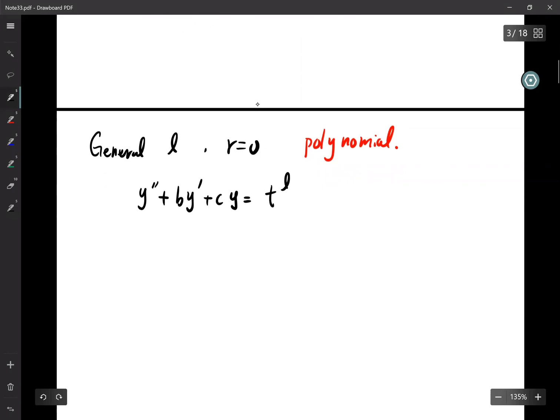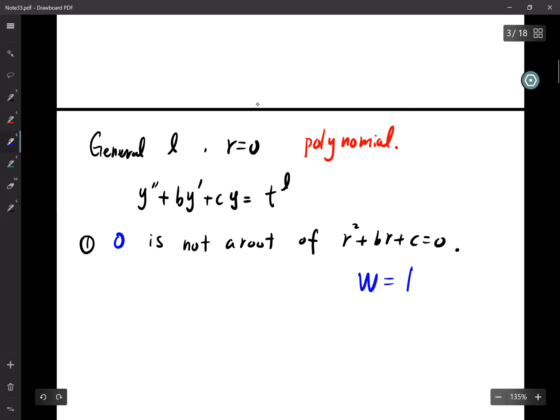So now we want to know whether 0, because it's still exponential e^(Rt) with R = 0, is a root of R squared plus BR plus C equals 0. Then the space W should be the polynomials up to the Lth order.